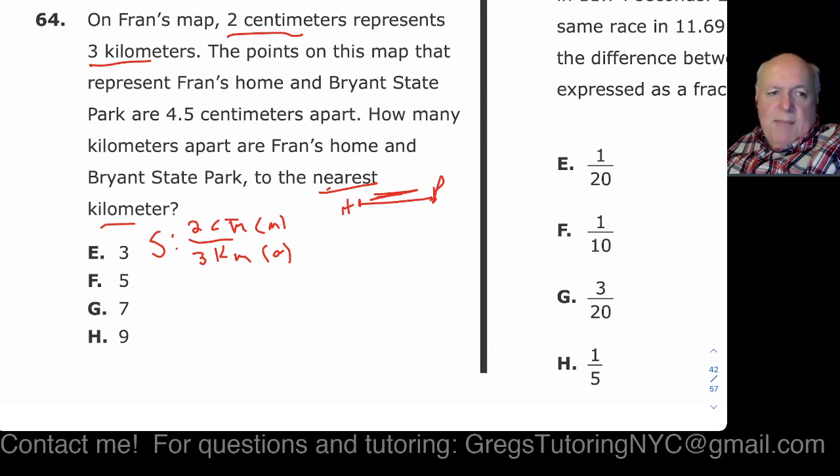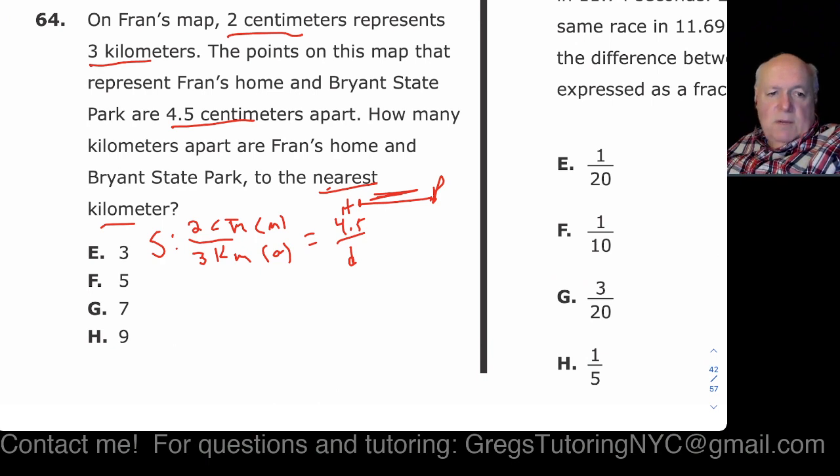On the map it shows 4.5 centimeters away, so we're going to do 4.5 to the kilometers apart. We can call that the distance. We've set up the ratio map to actual, which is 2 to 3, and we're going to do 4.5 to D.